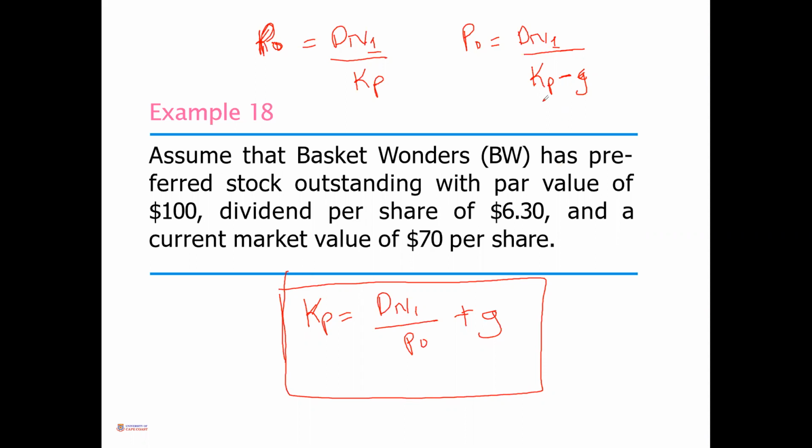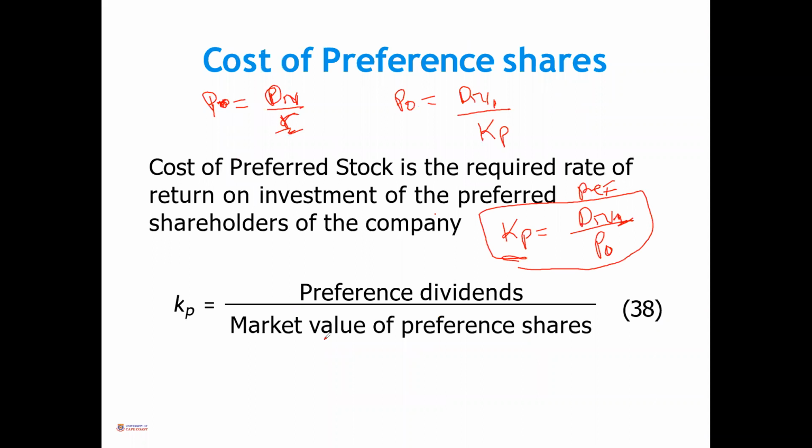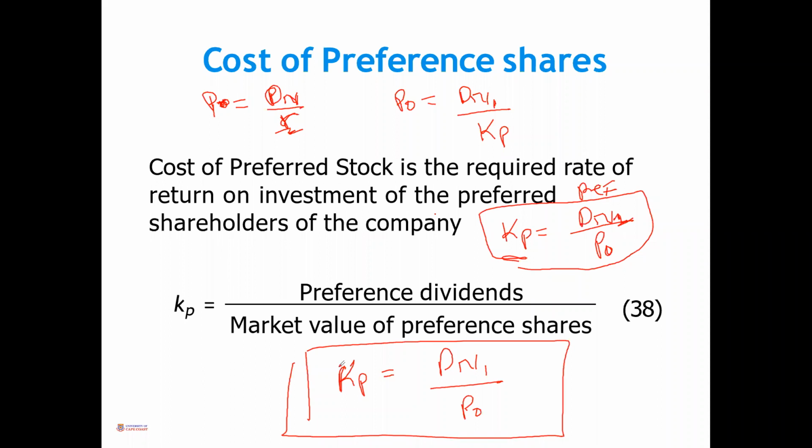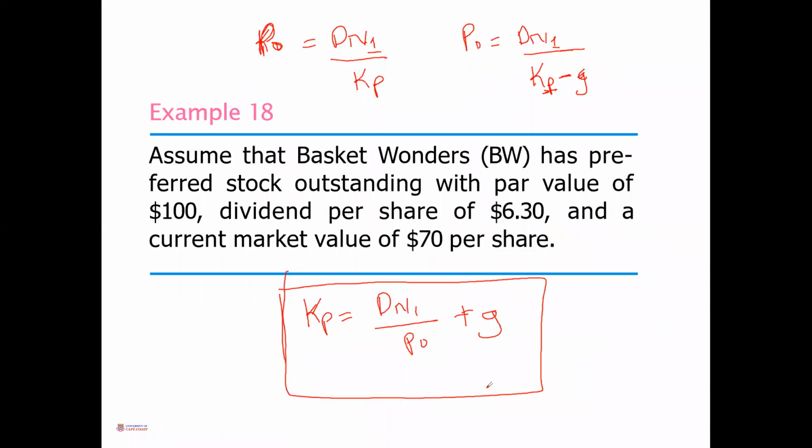If you make KP the subject here, this is what you get. And this is the cost of preference shares when the dividend is not growing.